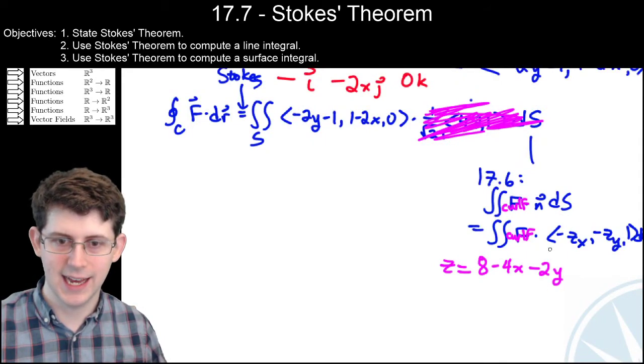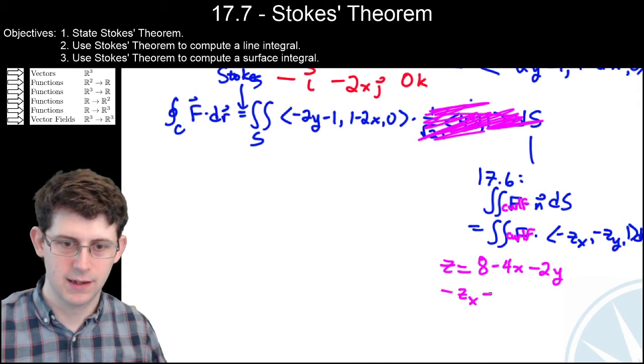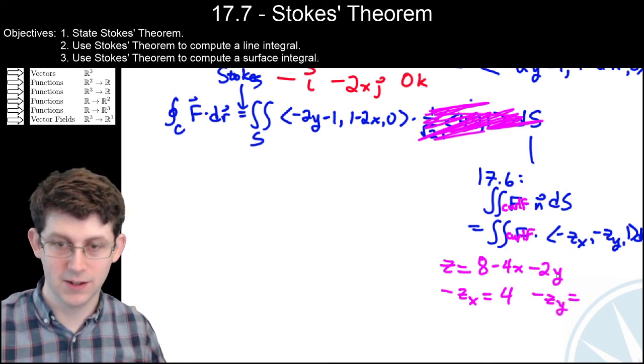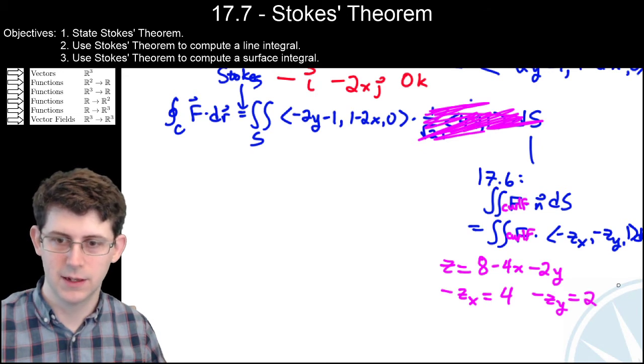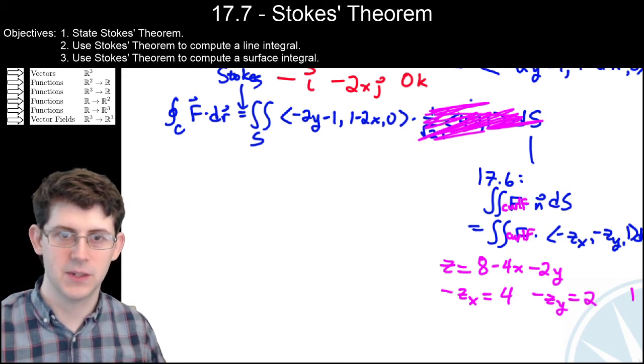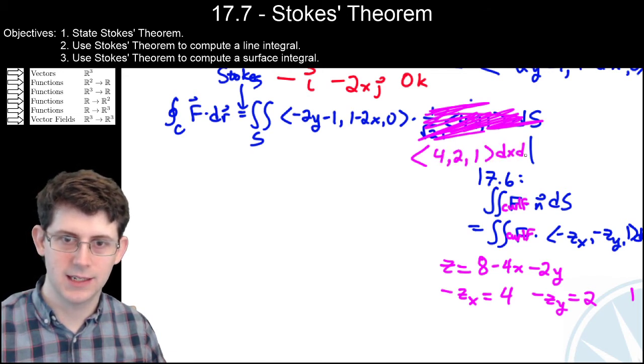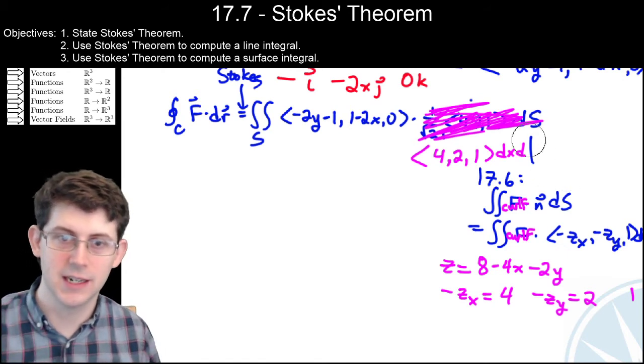So minus z_x is the x partial derivative of this function, but flipped. So I get 4. Minus z_y is the y partial derivative of this, but flipped, which is 2. And then I get a 1 here. So what goes here is actually ⟨4, 2, 1⟩ dx dy, or dy dx is probably easier.